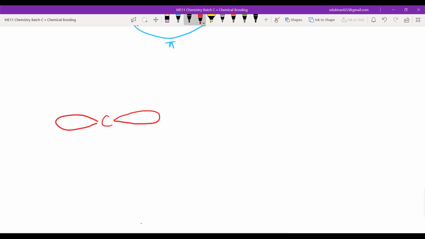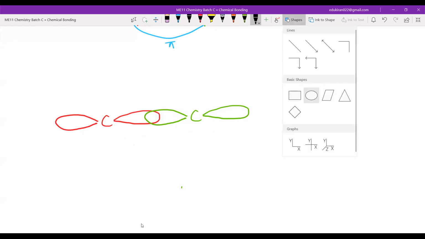Okay. Now this is the red one. Let me just make it for the green one also. Okay. This is the green one. After this, we will make the hydrogens.